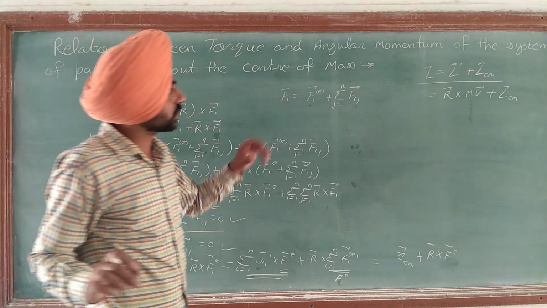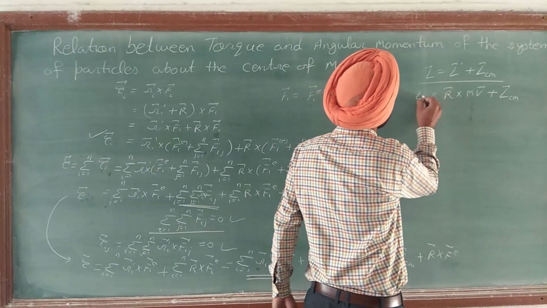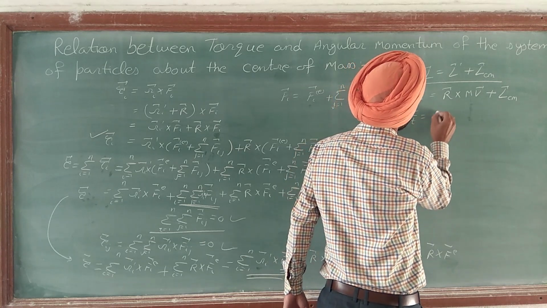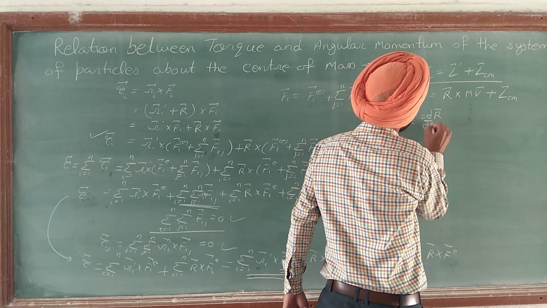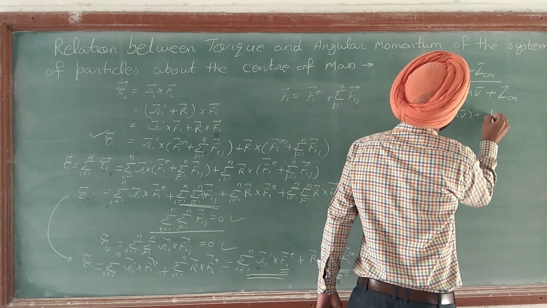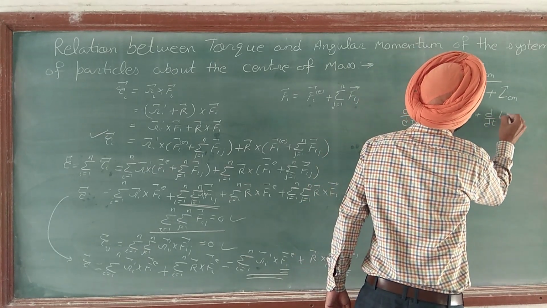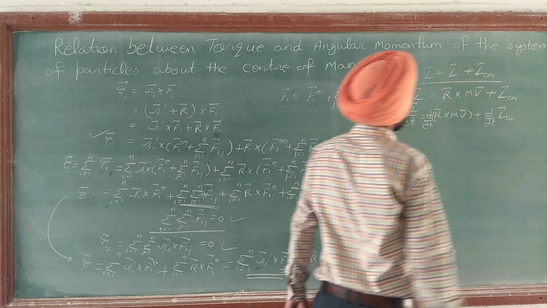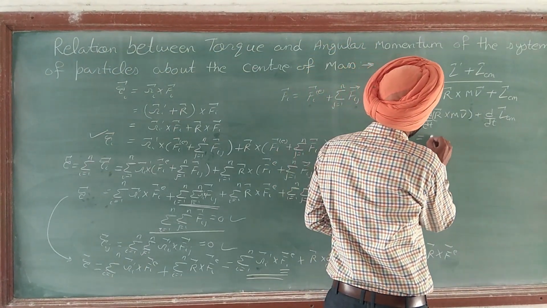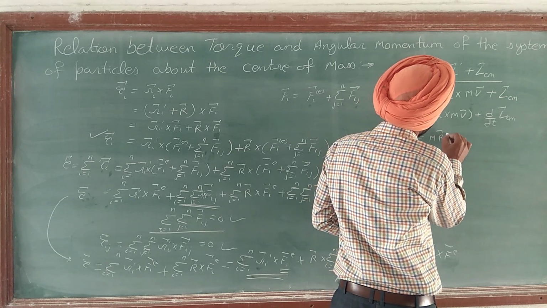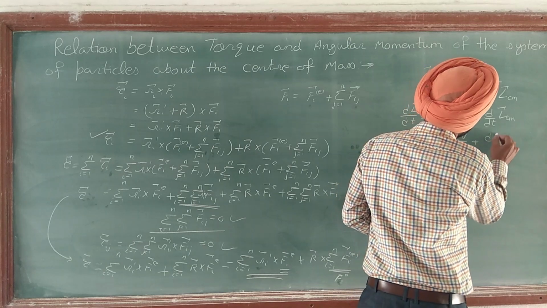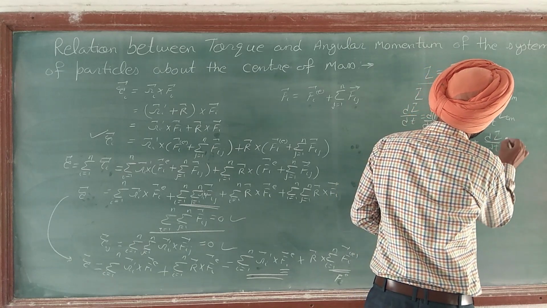Now, if we differentiate on both sides, then vector dL by dt equals R d by dt cross M V plus d by dt of vector L about the center of mass.